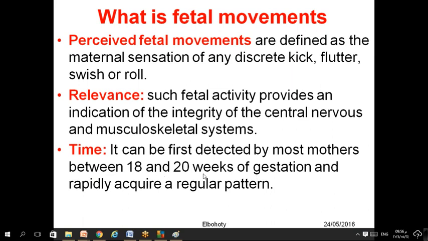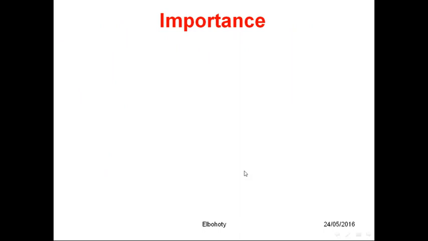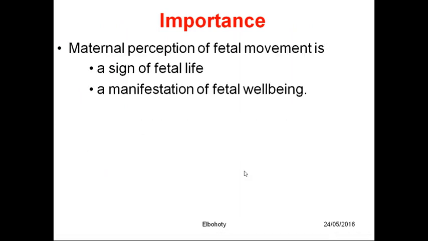For sure, it can be detected in multiparous women earlier than primigravidas. Its importance is that it means the baby is living and the baby is good, when the mother is perceiving a satisfactory movement from the baby.